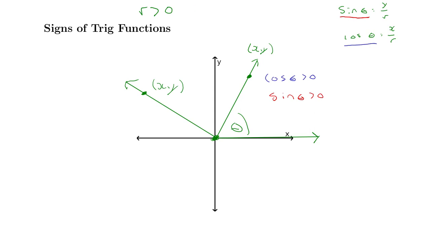So since the y value is positive, we'll say sine of theta in this quadrant is still greater than 0. But since our x value is negative, our cosine function is going to spit out some negative number over a positive radius, meaning cosine theta is actually going to end up being a negative number.